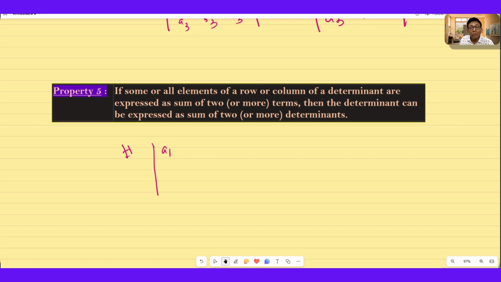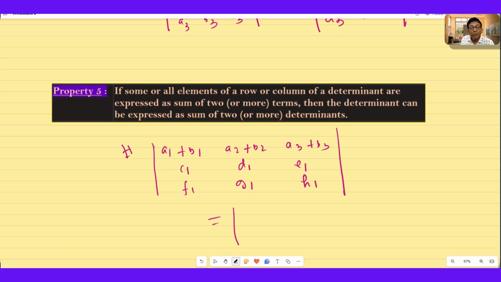This is true for columns also. Suppose you have A1, B1, A2, B2, A3, B3, C1, D1, E1, F1, G1, H1.